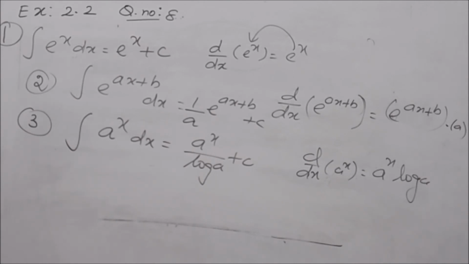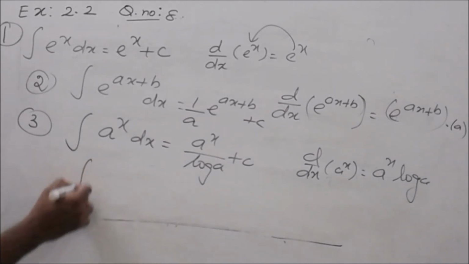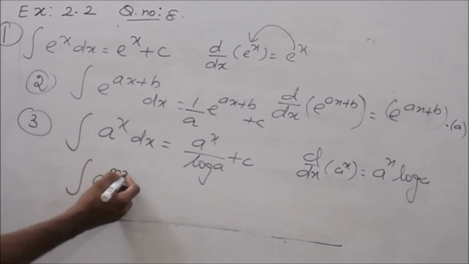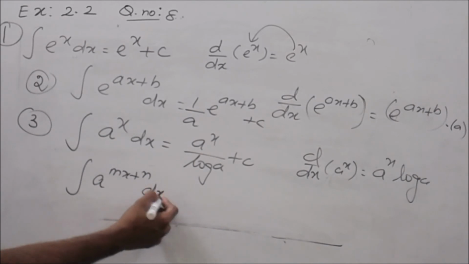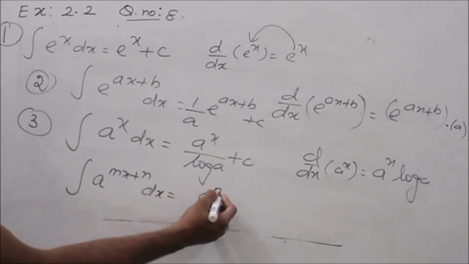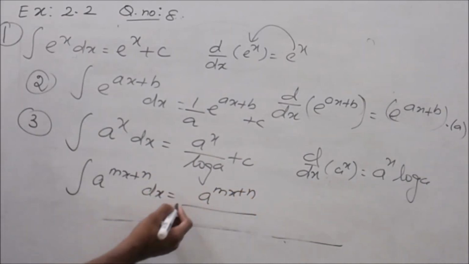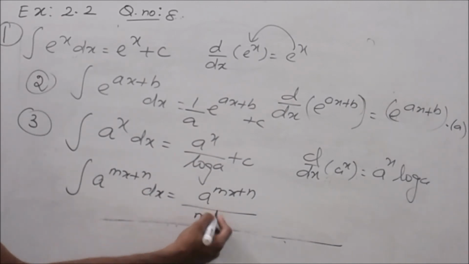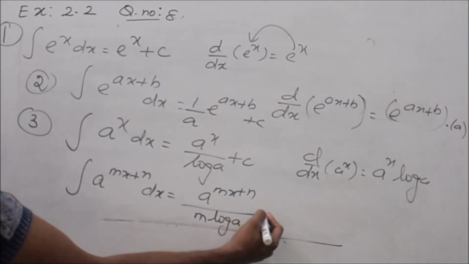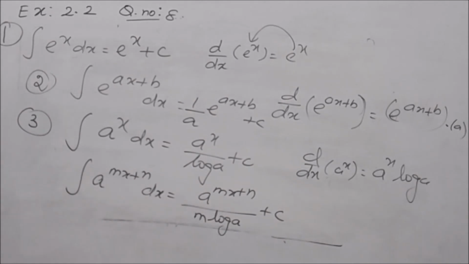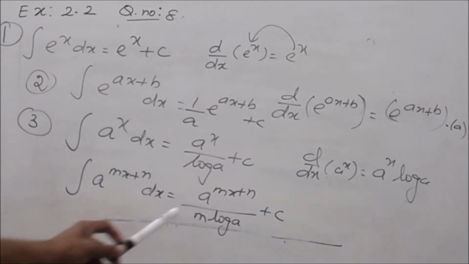And then we have another formula, a power mx plus n dx is equal to a power mx plus n divided by m log a plus c.